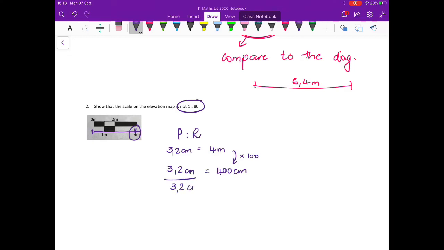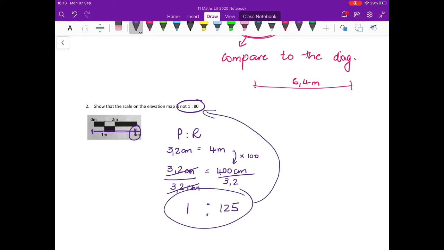I divide by 3,2 centimeters because that is exactly the same as that, and then I get 1 equals, I divide by 3,2, and if I divide that, I'm going to get 125. Again, it's a comparison, so therefore the scale does not equal 1 to 80.